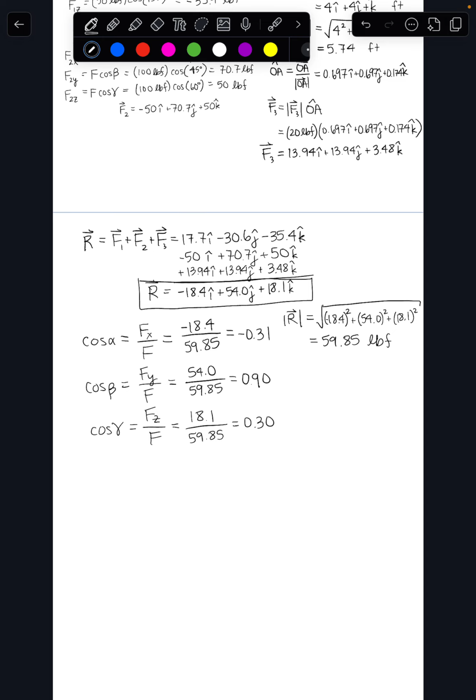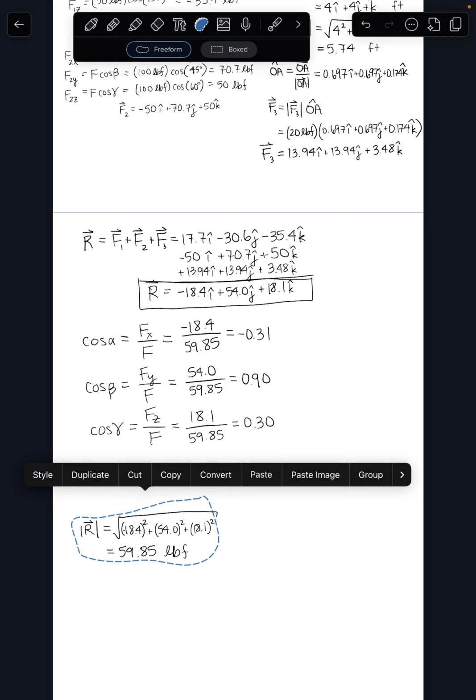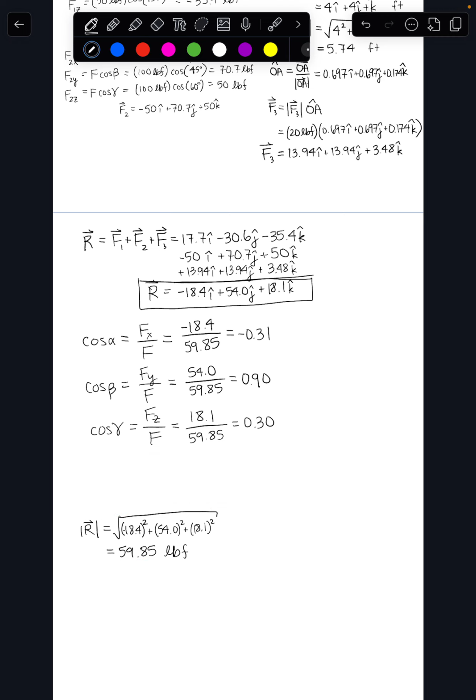So for alpha, let me move this out of the way. So alpha is equal to the inverse cosine of negative 0.31. So I got 108 degrees.